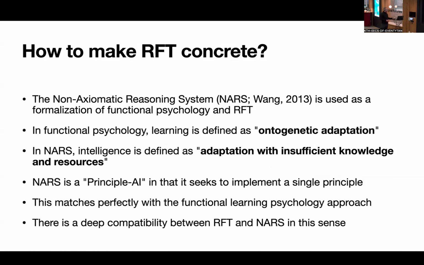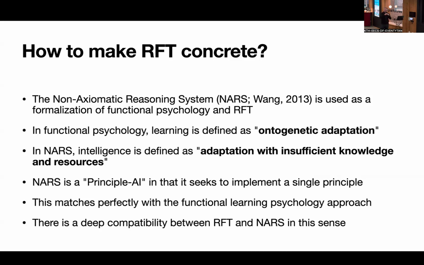Maybe we can use NARS to implement the principles from functional learning psychology and RFT. So to start with, there's a deep compatibility here. Learning psychology talks about learning as ontogenetic adaptation. And Pei Wang defines intelligence, his working definition that the whole system is based on, as adaptation with insufficient knowledge and resources.